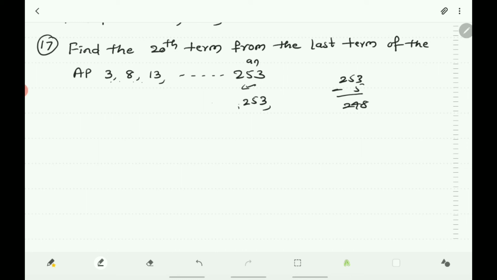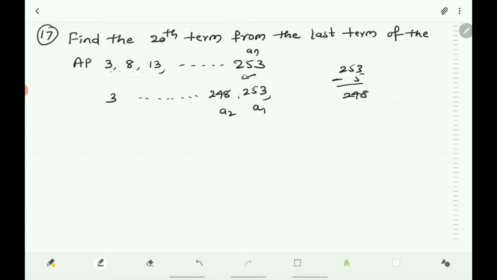The next term is 248, and so on. So consider this is the A1, this is the A2. So here A becomes 253 and D is A2 minus A1, that is 248 minus 253, which is equal to minus 5, because in the reverse manner you have taken it to find the 20th term.